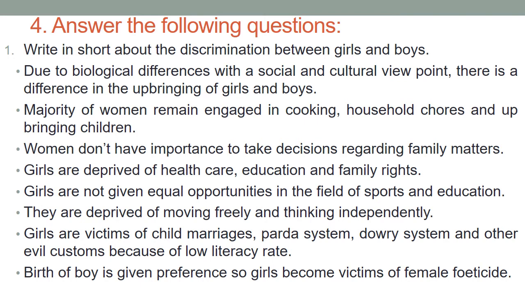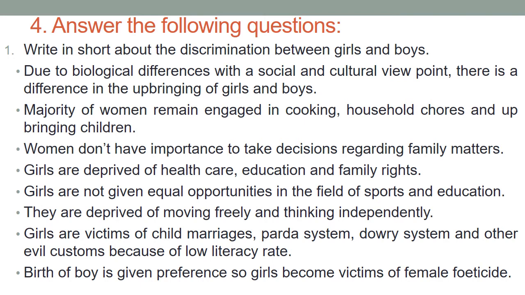Girls are not given equal opportunities in the field of sports and education. They are deprived of moving freely and thinking independently. Girls are victims of child marriages, parda system, dowry system and other evil customs because of low literacy rate. Birth of boy is given preference, so girls become victims of female feticide.